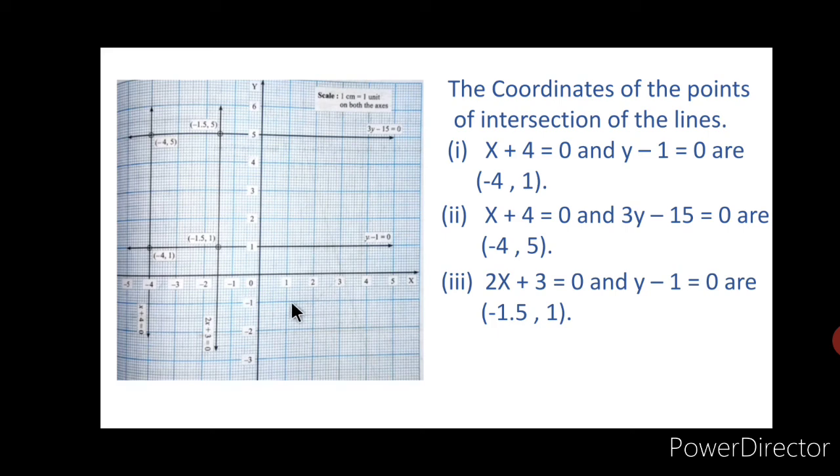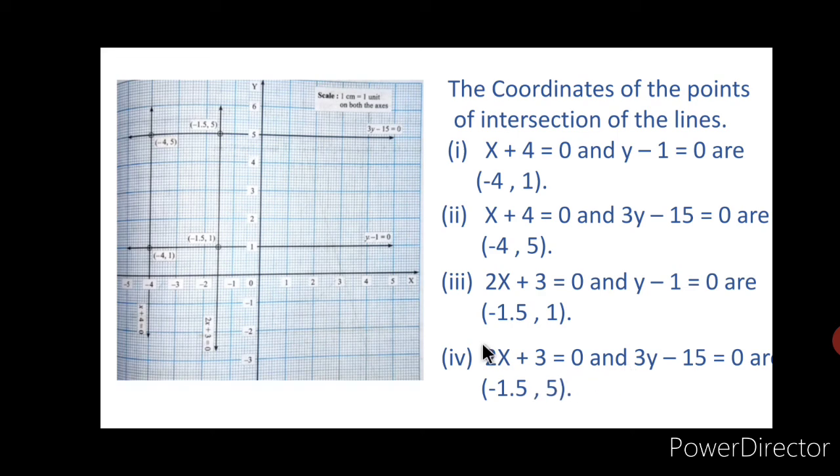The line having the equation 2x plus 3 is equal to 0 is here, and the second line, having the equation y minus 1 is equal to 0, is here. These two lines intersect here, where the x coordinate is minus 1.5 and the y coordinate is 1.